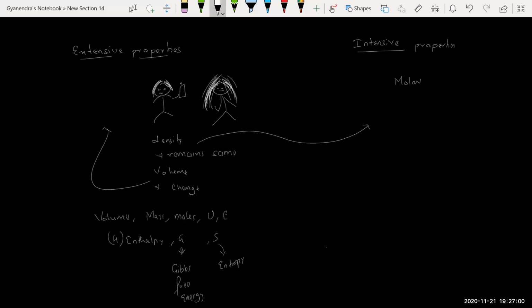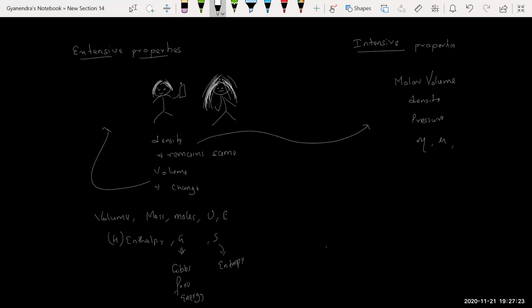And all the molar values, like molar volume, it's a fixed value. Density and pressure, right, Dinesh? Boiling point, viscosity, and then mu, eta. Eta is viscosity, right?